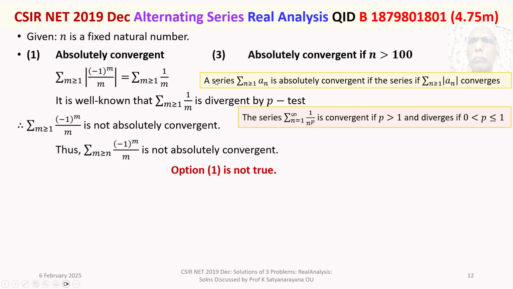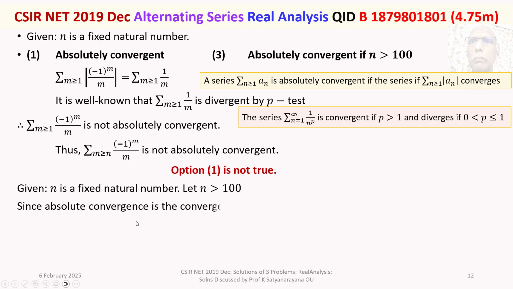What about option 3? Now in this case, n is greater than 100, and n is fixed. Whatever number you take greater than 100, it is fixed, and you are removing all those terms. Even then, given n is a fixed natural number, let n be greater than 100. Now, we are talking about absolute convergence.